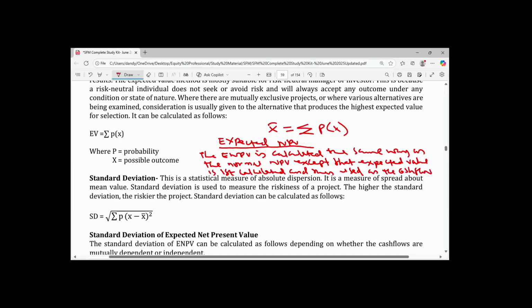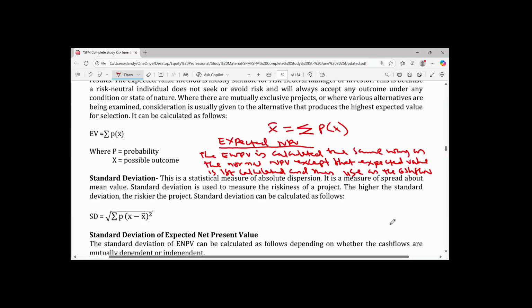So anytime you want to calculate the expected NPV, the first thing you need to do is to calculate expected value. You then use your expected value to go and calculate NPV. The result is known as expected NPV. So that's the difference between the two. In most cases, the examiner will ask you to calculate expected NPV, so you should know what to do.